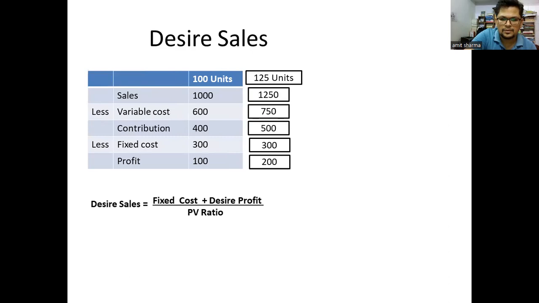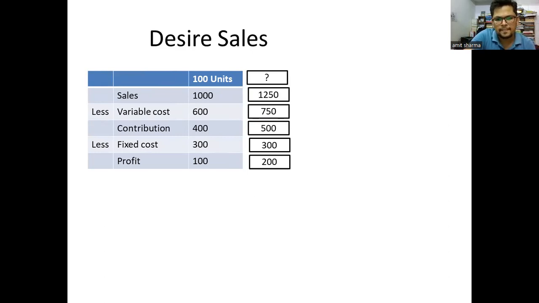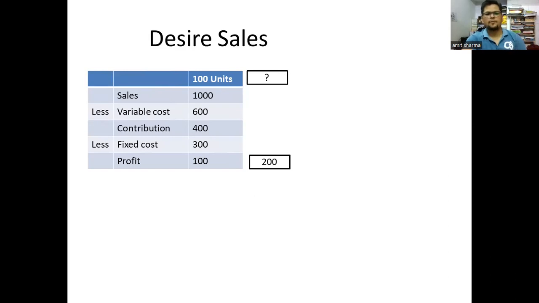So if 40% is the contribution, then 100% is 1250. Let's see again. We need 200 rupees as profit. Our fixed cost is rupees 300.